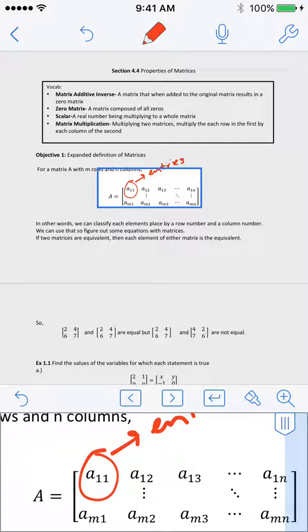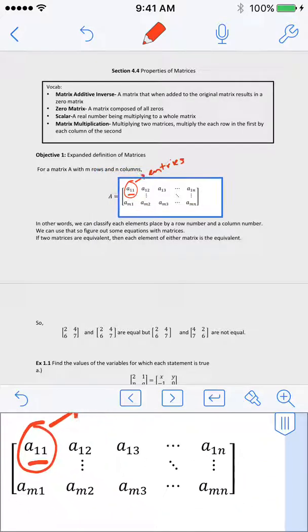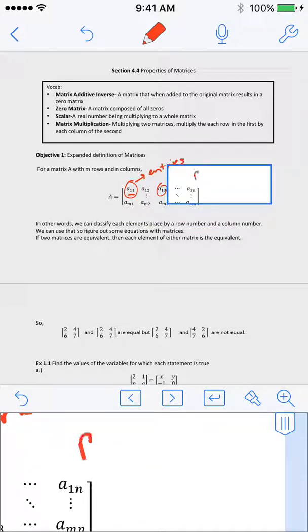Now this one, the specific subscript, tells you that it's in the first row, first column. It does not tell you it's in the 11th spot, okay? So those are actually two different numbers. 1,1, if you want to think about it that way, is the very first row, first column. Whereas over here, this one would be first row, third column.